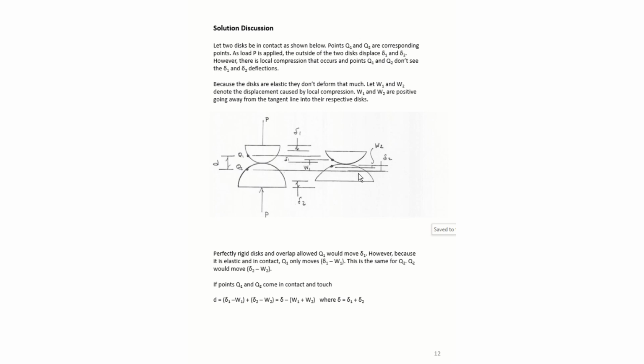And the same thing here with Q2. So when we come down here and write this, we're going to say D now then is equal to delta 1 minus W1 plus delta 2 minus W2. And rearranging this, we can say D is equal to delta minus W1 plus W2, where delta is the sum of delta 1 and delta 2.